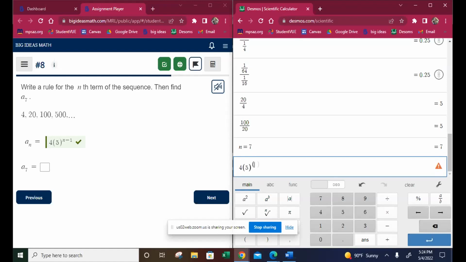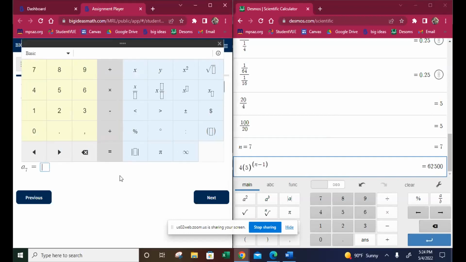So open parentheses and -1 inside parentheses. Yeah, there it is. For some reason, this Desmos requires you to do it this way. It's a little awkward. And that's the number you're looking for there.